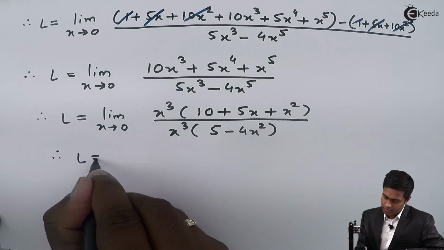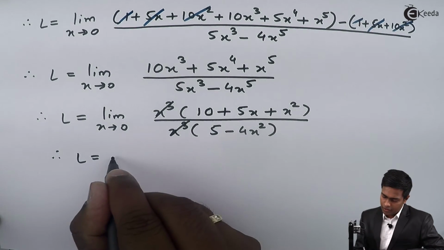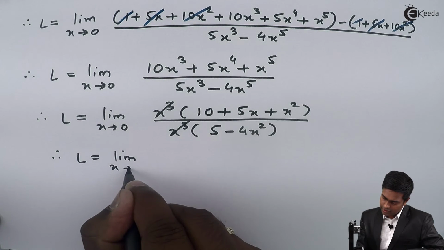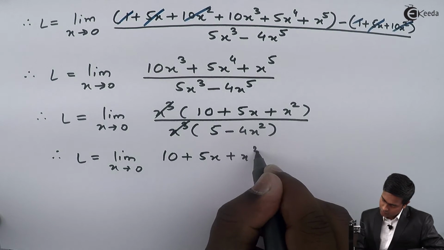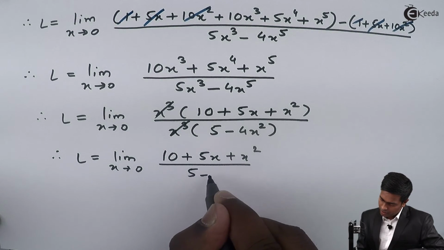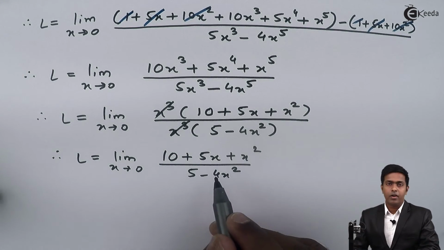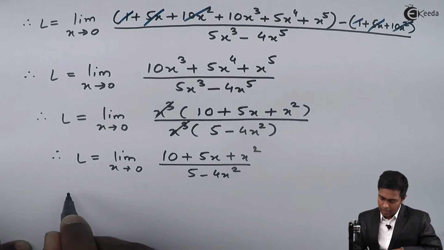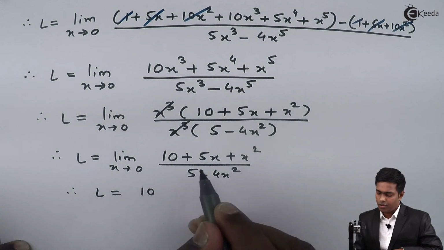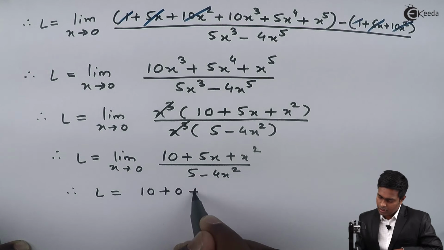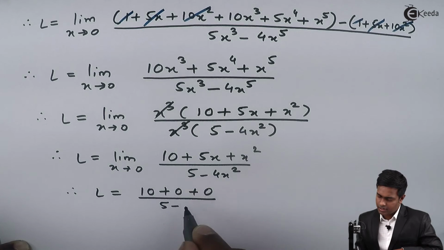After this, cancelling x cube from numerator and denominator, we will get limit x tends to 0, 10 plus 5x plus x square upon 5 minus 4x square. And now in this term we can apply the direct method, and therefore by direct method we will get 10. Since x is 0, this term will become 0, the last term is also 0. Here we will get 5 minus this term will become 0.